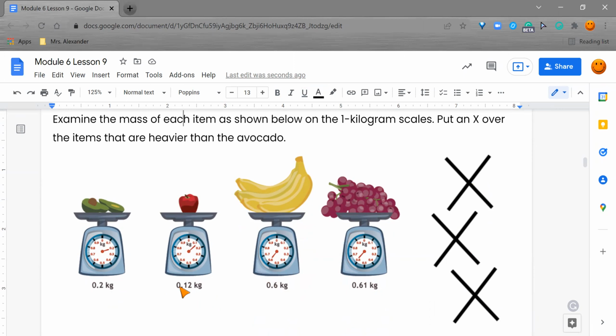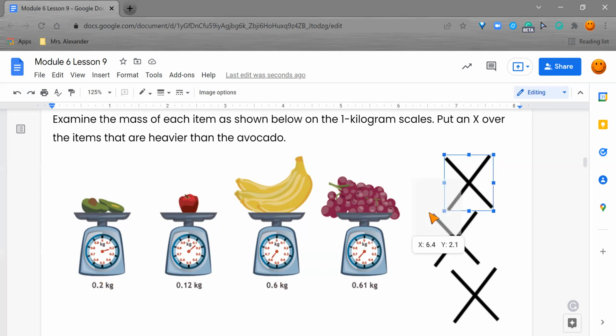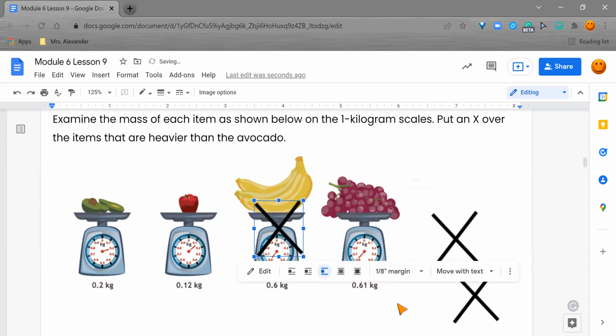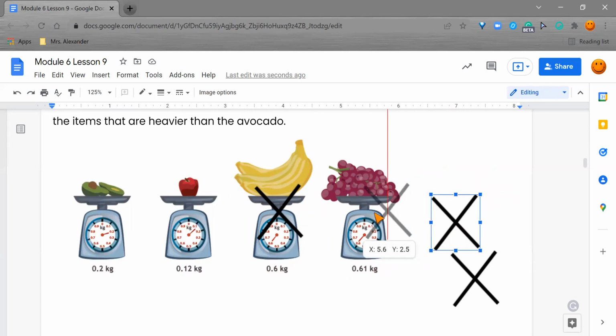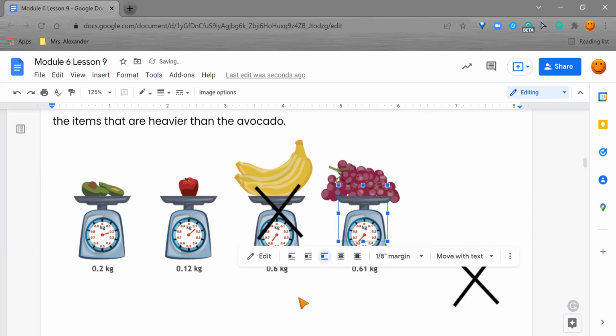I see that the apple is 0.12 kilograms, and I know that 12 is smaller than 20, because if I put a 0 on the other side of the 2 in the hundredths, it gives me 20. So now I need to look, is 0.6 bigger than 0.2? Yes. So I'm going to take this neat little X and I'm going to put it right there. What about the grapes, is it bigger? Yes. So I'm going to take the other X and move it on over.